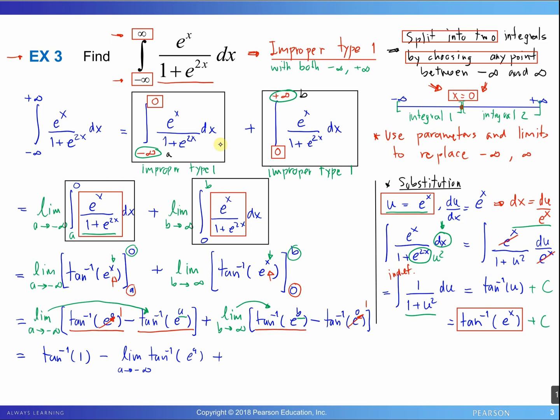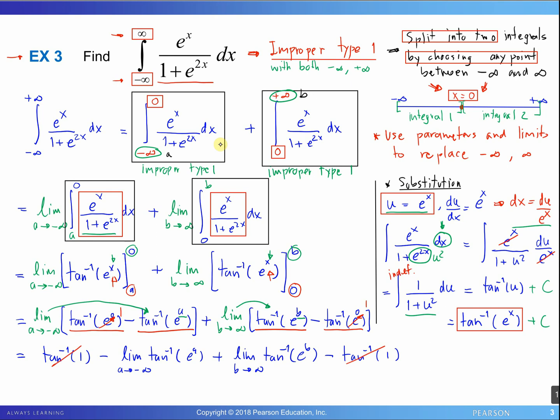So we have the limit of arctan e to the power of b when b goes to positive infinity, minus the last term, this one, and we have arctan of 1. This arctan of 1 cancels with this one.